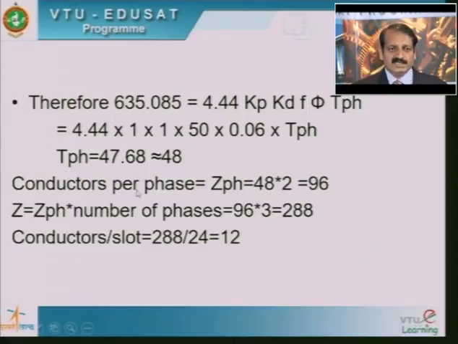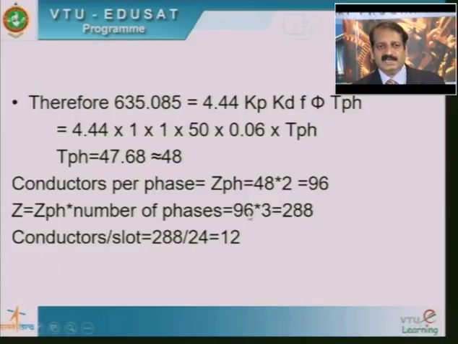Now, conductors per phase is given by Z phase, which is equal to 48 into 2, because each turn constitutes 2 conductors. There are 48 turns, so Z phase is equal to 48 into 2, which is equal to 96. Now Z, the total number of conductors for this stator, is conductors per phase into number of phases.